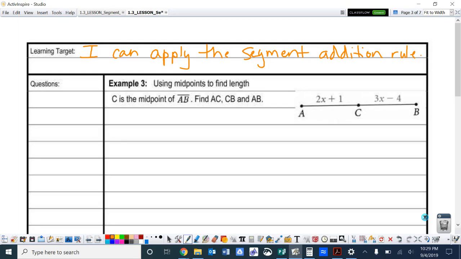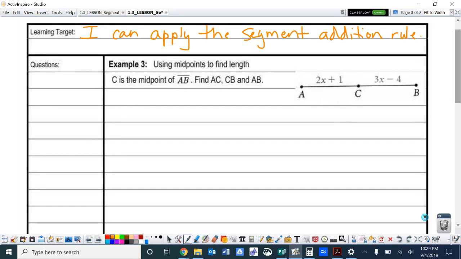Our last example, here's a new vocabulary word using midpoints. So midpoint means the middle. To find the length of C. C is the midpoint of AB, so C is in the middle. And if we go back to our notes, we know when we have a midpoint, the left side is the same length as the right side.